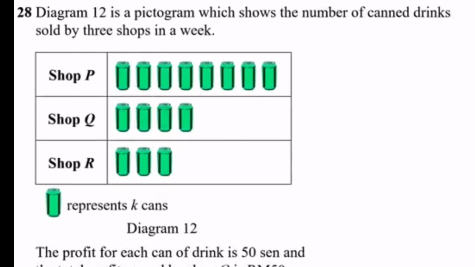Diagram 12 is a pictogram which shows the number of canned drinks sold by 3 shops in a week. Shop P, you count 2, 4, 6, 8. Altogether for shop P is 8. For shop Q, you have 4, and shop R, you have 3.